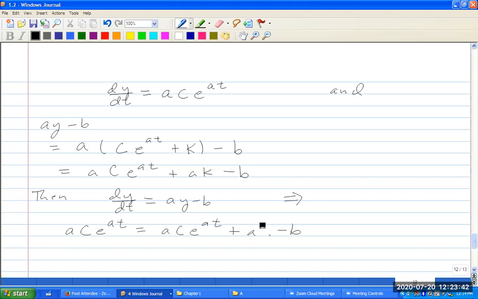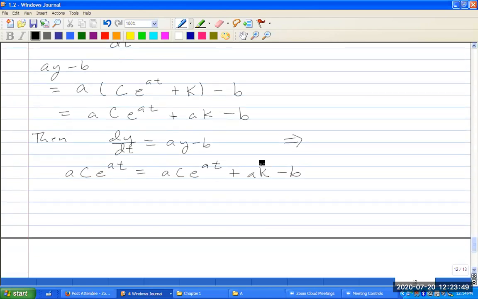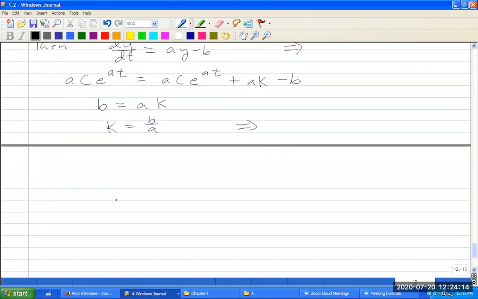Well, add b to both sides of your equation. Subtract ac e to the at from both sides of your equation. So b equals ak. And so I have that k is equal to b over a. So k equals b over a.